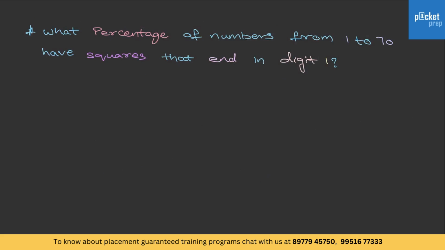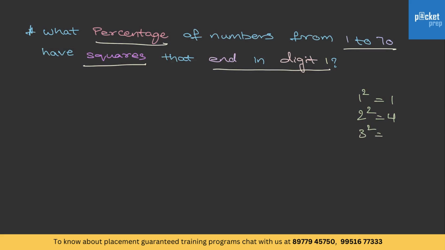In this, they're asking us to find the percentage of numbers from 1 to 70 having squares that end in digit 1. So here in this question, what they are asking is squares of numbers, that is 1 square, 2 square, 3 square and so on. 1 square gives us 1, 2 square gives us 4, 3 square gives us 9, 4 square gives us 16, 5 square gives us 25, 6 square gives us 36.